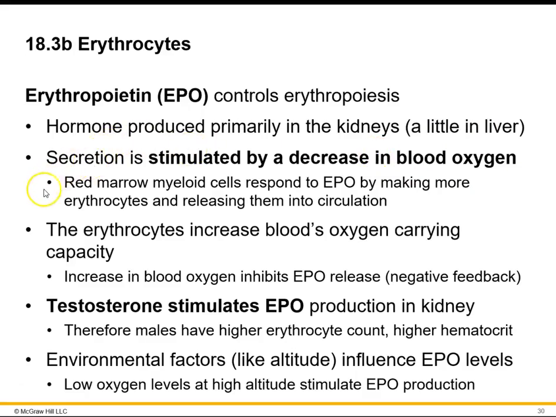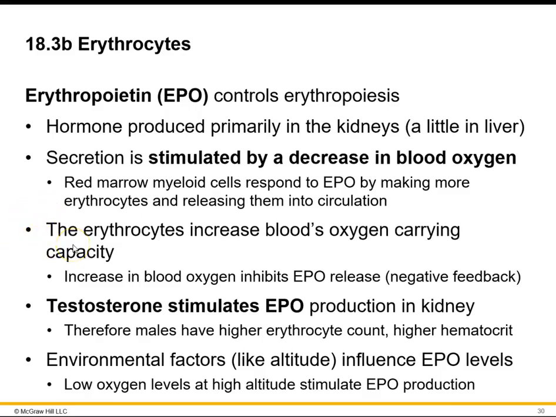and they're going to begin secreting EPO. EPO is going to travel to the red bone marrow, where it's going to act on those myeloid cells. Remember, erythrocytes come from the myeloid cell line. And in response to EPO, those myeloid cells are going to differentiate into erythrocytes. So the overall picture is you get more red blood cells. Why is that important?